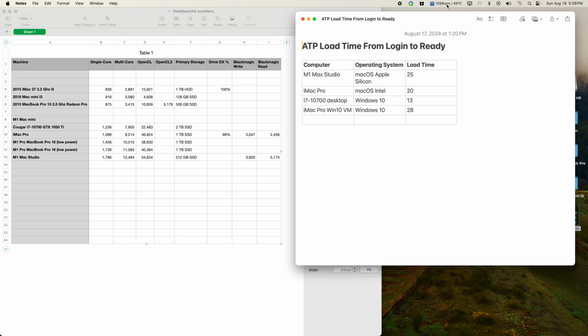Now, as you can see, the Cougar single core at 1236 is really slow. You've got 13th and 14th generation Intel, and you've got Ryzen 7 series and 9 series, which are a lot faster than this.